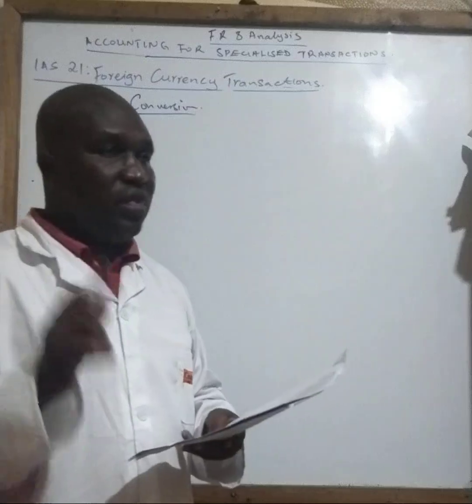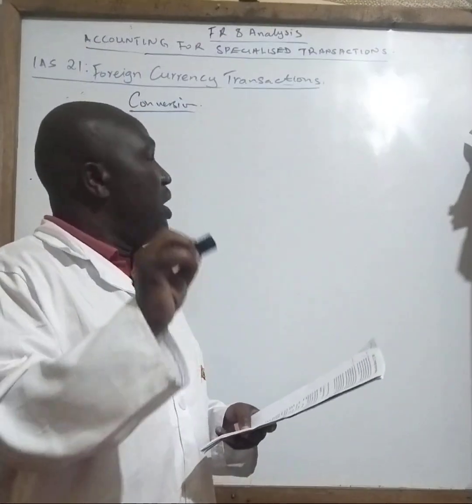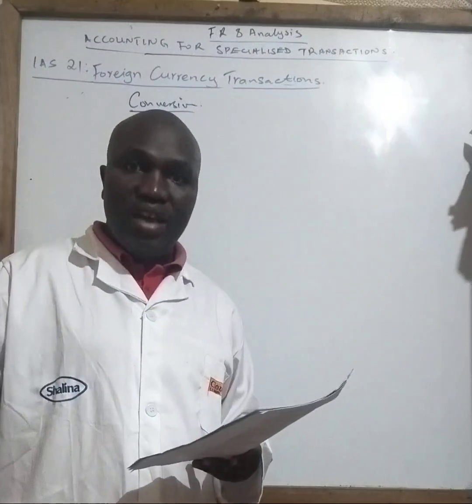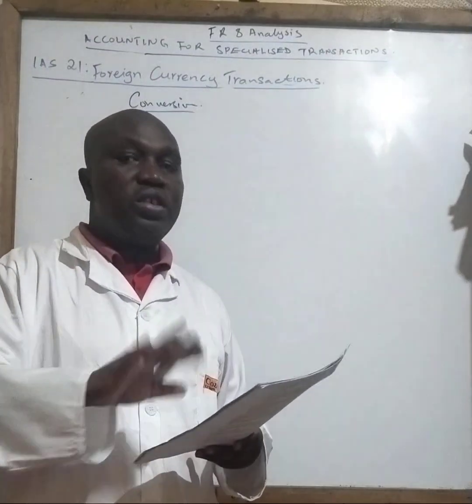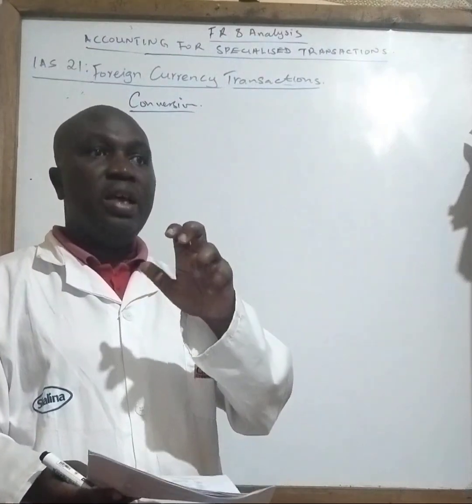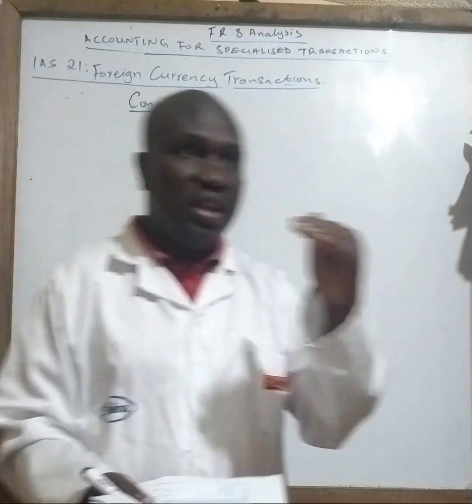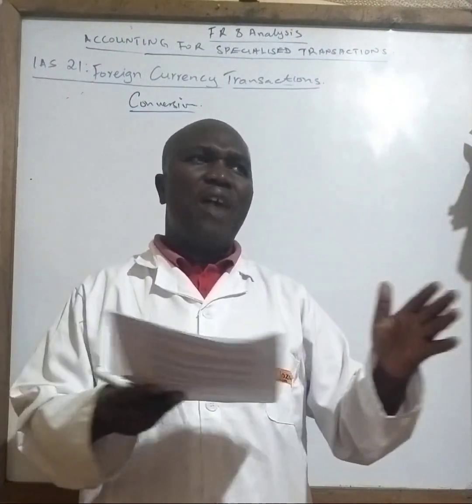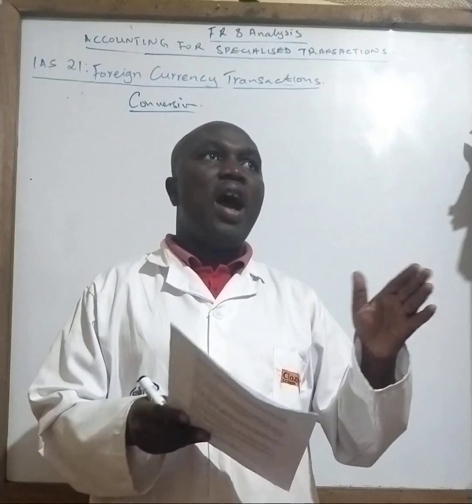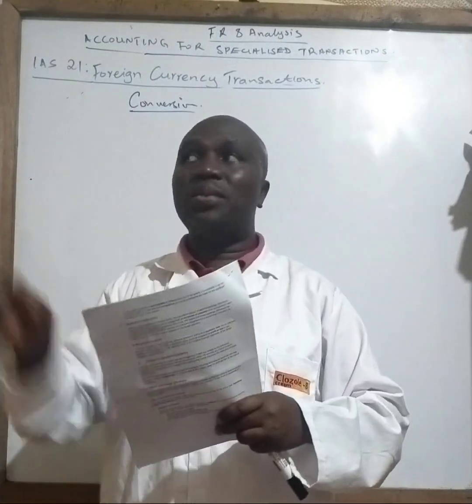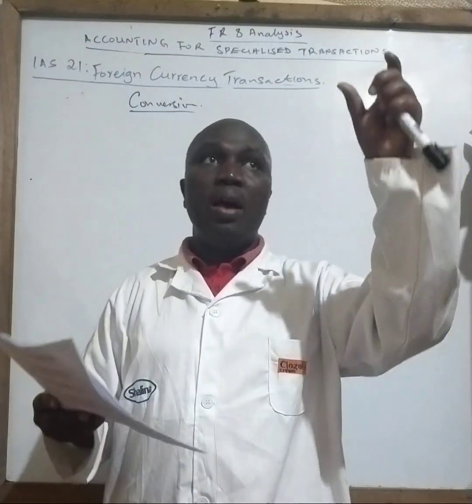Now, I'm specifically handling CPA intermediate level, but under advanced level, you'll allow me to proceed further after this. But for your level, that is CPA intermediate level, you are only supposed to know the definition of terms. I've studied it carefully, and I've not seen a question that relates to translating a subsidiary currency into the parent company.